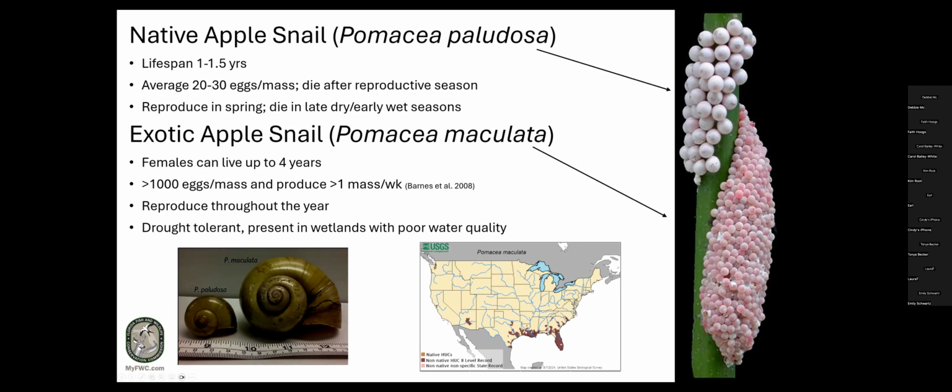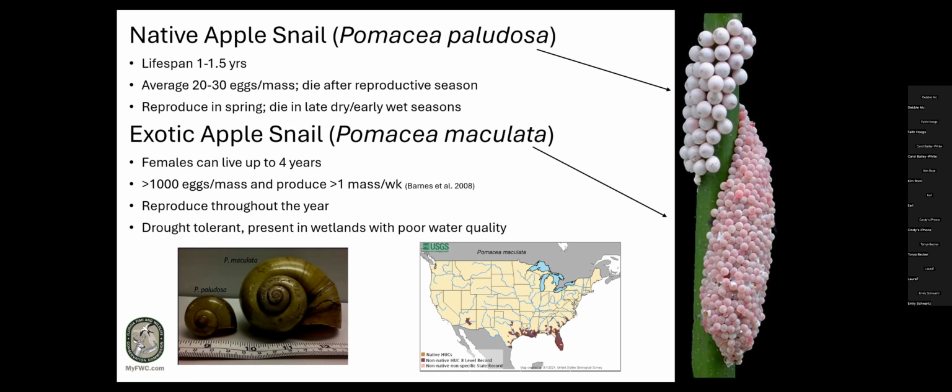They can outcompete the native snail since they do live a lot longer. The exotic apple snails can live up to 4 years compared to the natives that live 1 to 1.5 years. Their egg clusters are usually made up of almost 1,000 or sometimes larger eggs in one cluster, and they can lay an egg cluster once a week.